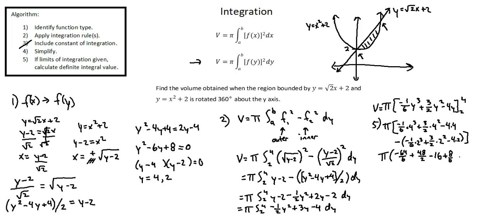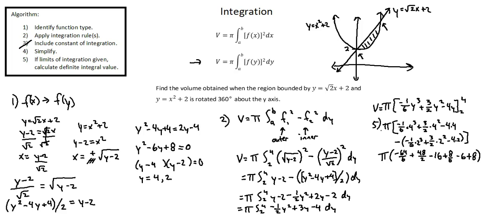That will give us a negative. 2 squared is 4. 4 times 3/2 is 6, minus 6. And the final term, negative 4 times 2 is negative 8. Distributing the negative gives us a plus 8.